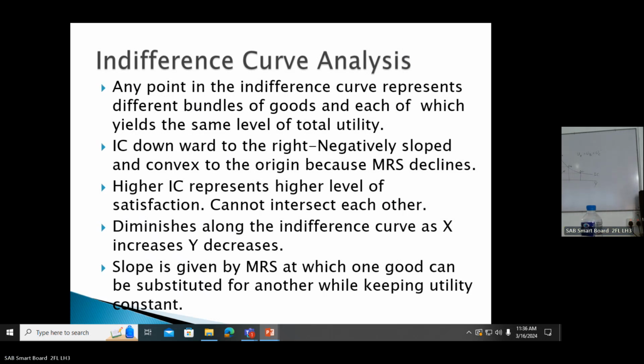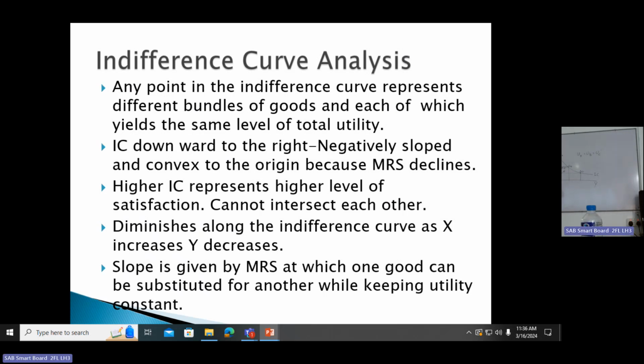Now, how do we measure the slope of the indifference curve? Delta y over delta x, that is the slope.